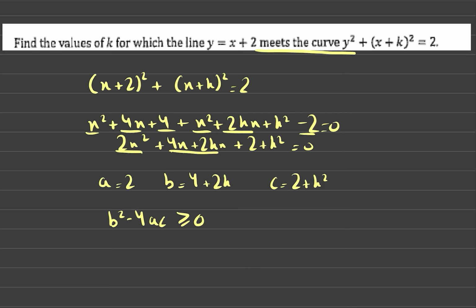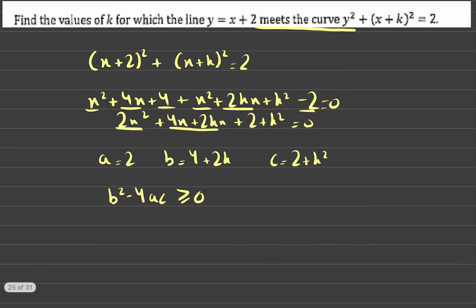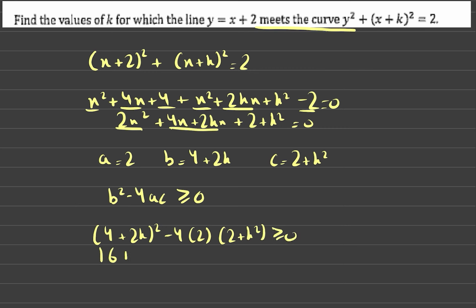Because I'm not sure whether it's one solution or two. In that case, I'll write 4 plus 2k whole squared minus 4 into 2 plus k squared. So 16 plus 16k plus 4k squared minus 16 minus 8k squared.